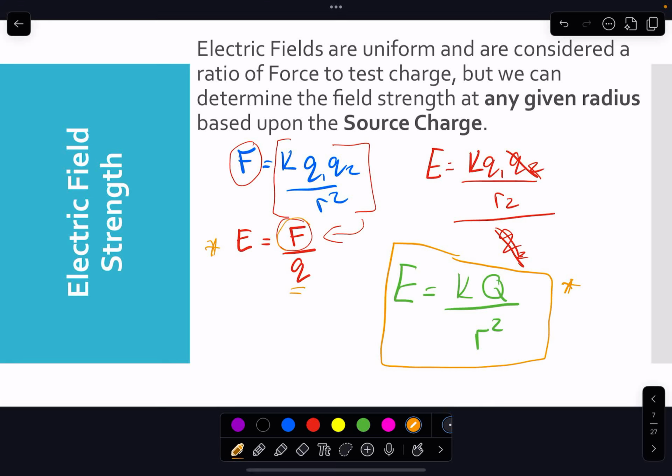So if we already know the force or we're asking for the force, given a field and a test charge, we can use this one. If we don't know anything about the force and we don't know anything about the test charge, then we use this one because we can say this source is providing an electric field at this distance.